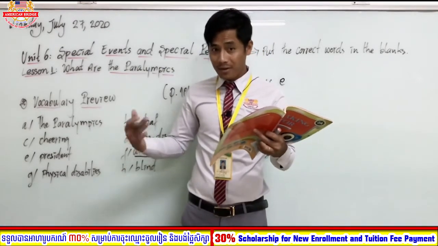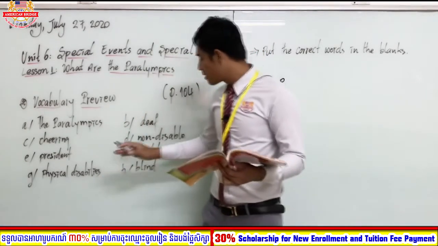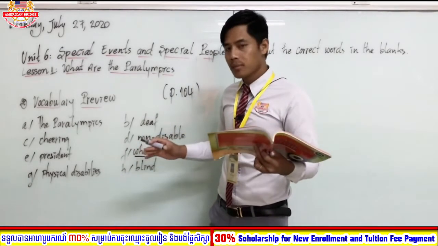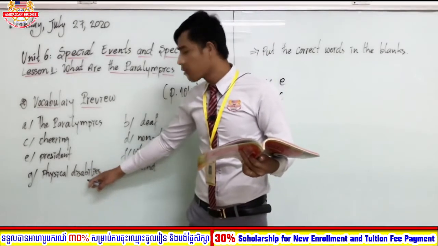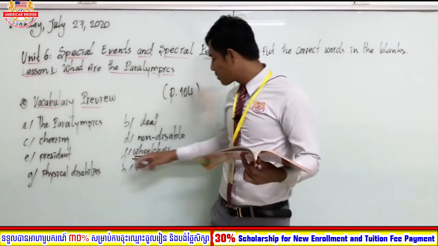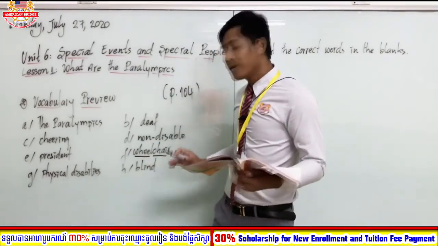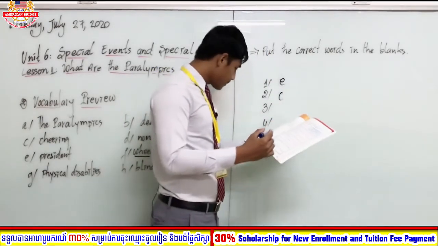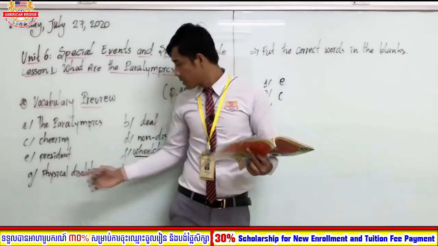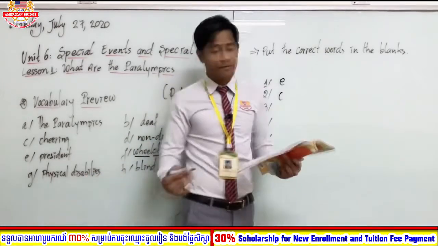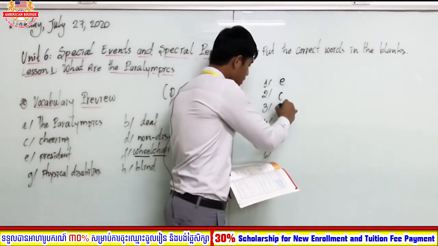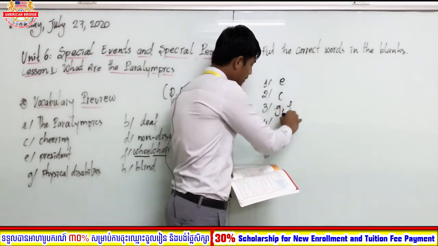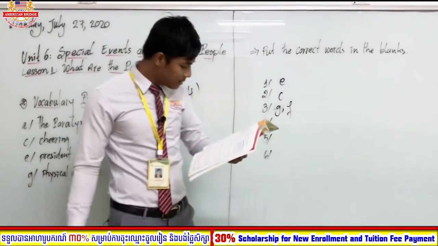So it should be physical disability, and use a. So he cannot walk, right? He cannot walk. Should be he will use wheelchair, okay, into the game. So with the letter G and letter F. So G and F.